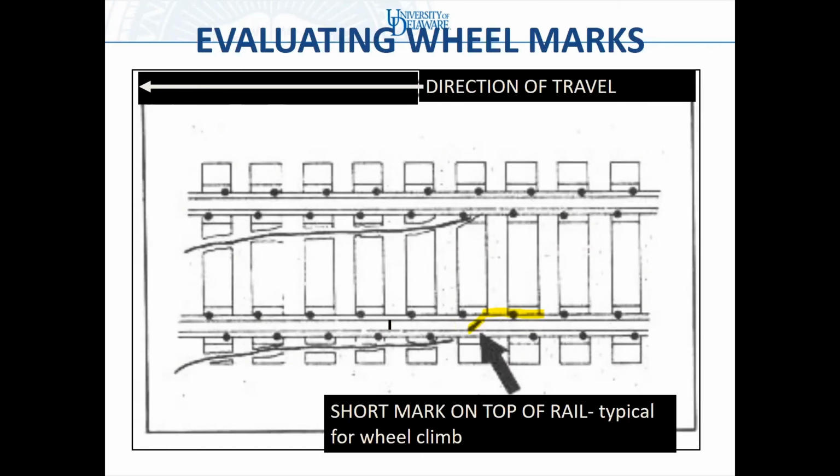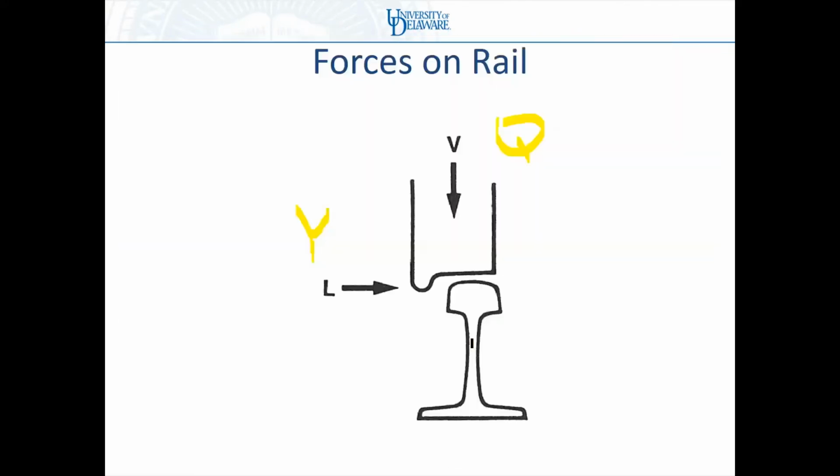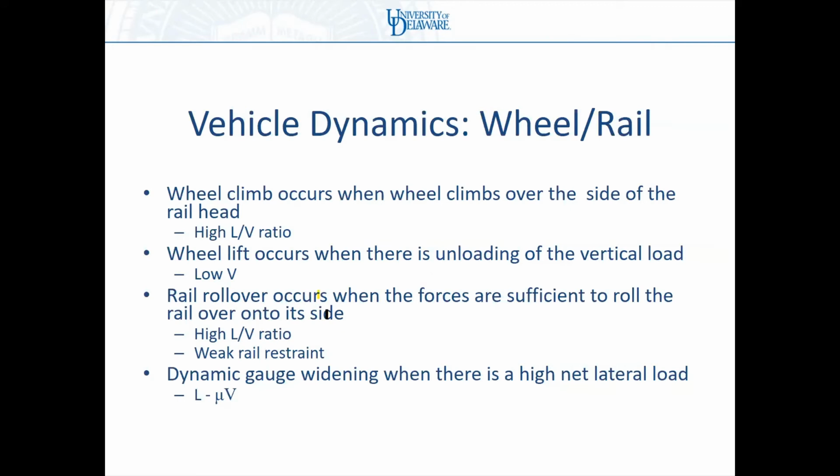You can run along the top of the railhead for a while, or you can just go to the other side and fall down off the field side. So this is fairly typical of wheel climb, though. We have this very short type of mark across the top of the railhead. And this is associated very much with high L over V ratios.